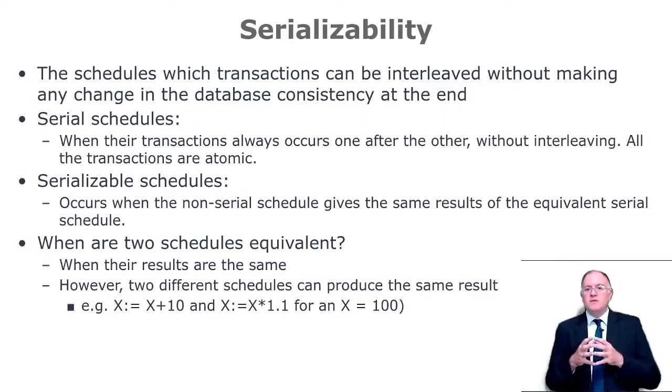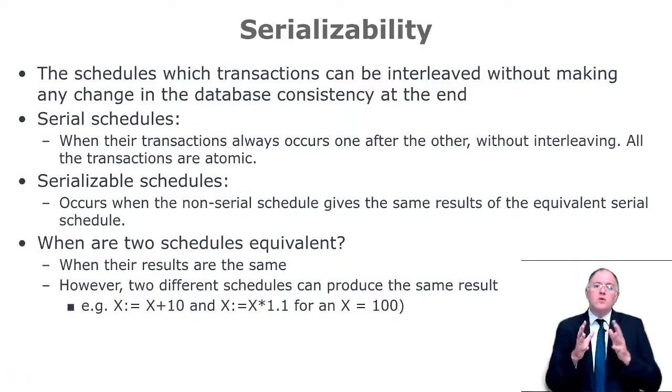This schedule is called a serializable schedule, and it is equivalent to a serial schedule, to a serial plan. Okay? Two plans are equivalent when their results are the same.